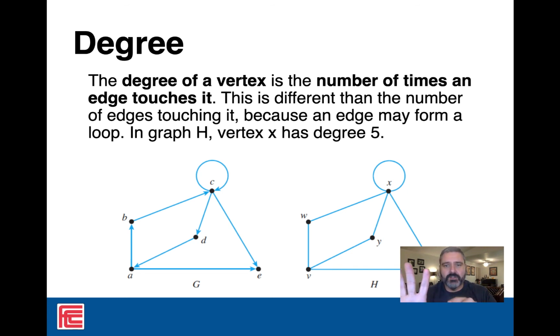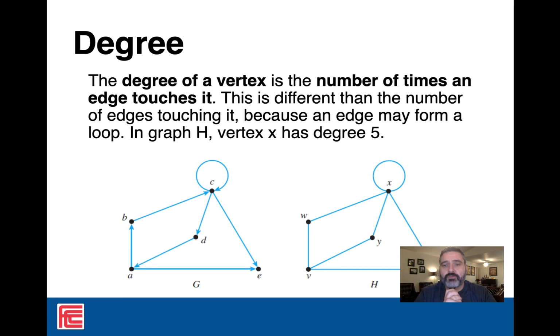It's got the connection to W, Y, Z, and then the connection to itself actually touches itself twice. You've got 1, 2, 3 plus 2 for the loop. Because this is undirected, but in directed you could leave and also come back through that connection. So it has a degree of 5.